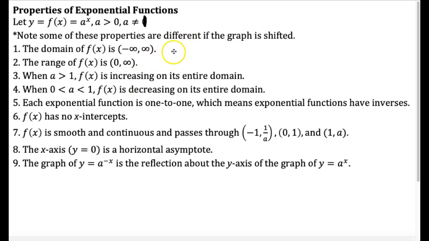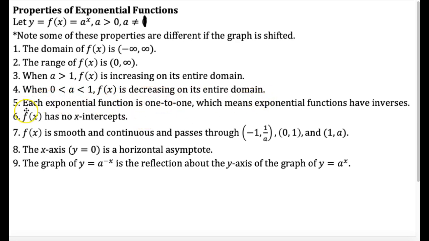The domain of any exponential function is all real numbers. The range, we said y equals 0 was an asymptote, so that means the range is 0, not including 0, all the way up to infinity. And then I mentioned this for our last two graphs as well. When our base is greater than 1, our function is increasing, and when the base is between 0 and 1, it's decreasing on its entire domain.